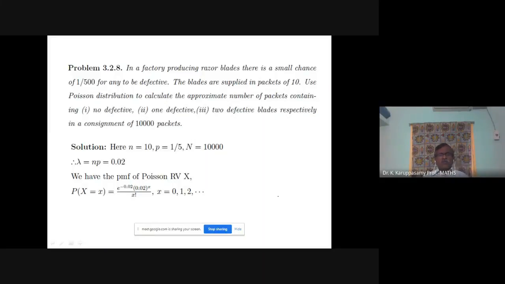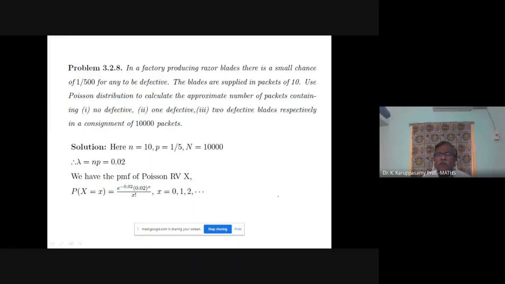We will do one: in a factory producing razor plates, there is a small chance of 1 by 500 for any to be defective. The probability of a defective item produced by a machine is 1 by 500. Very, very small number p.